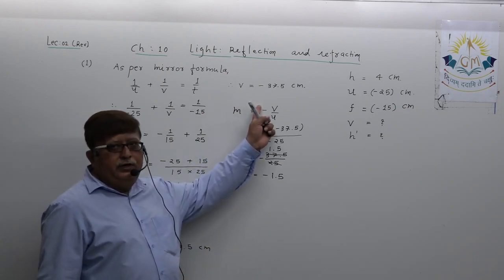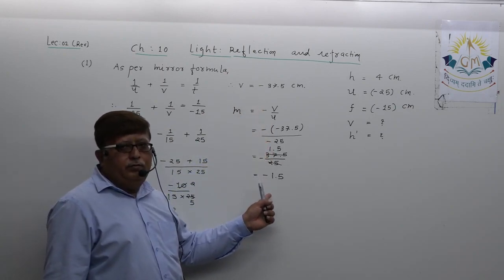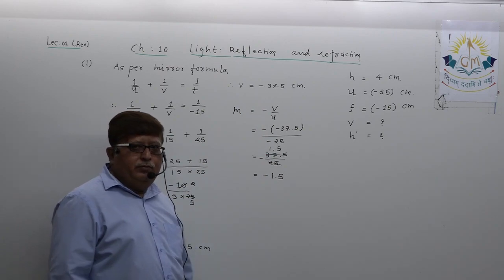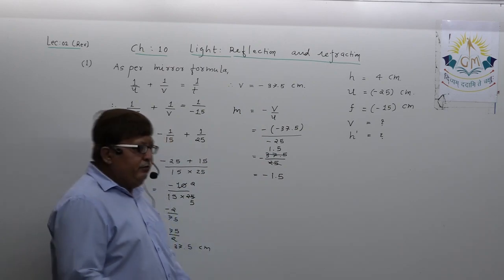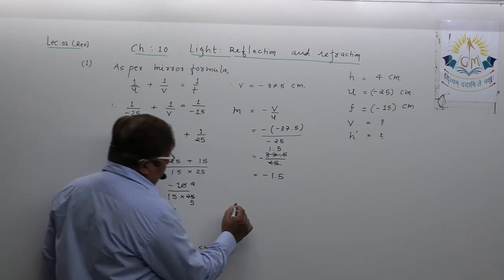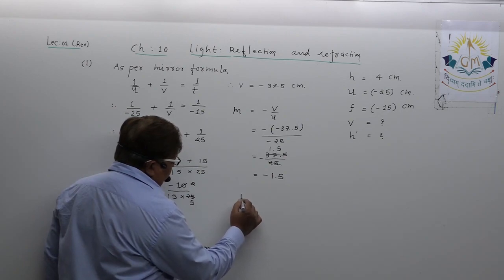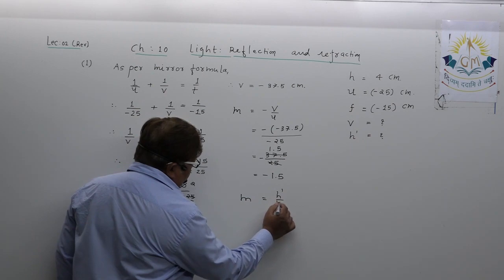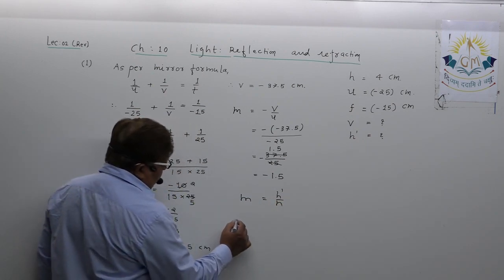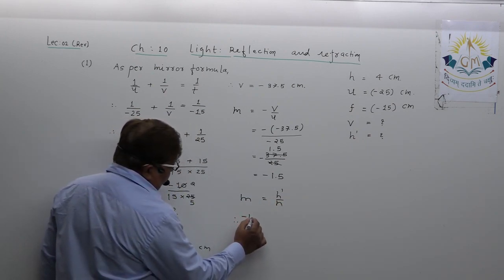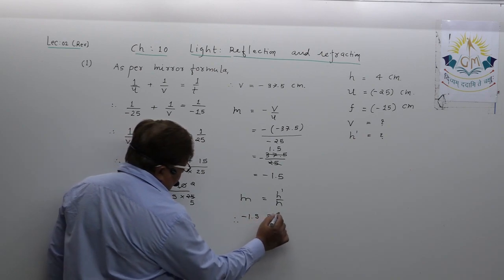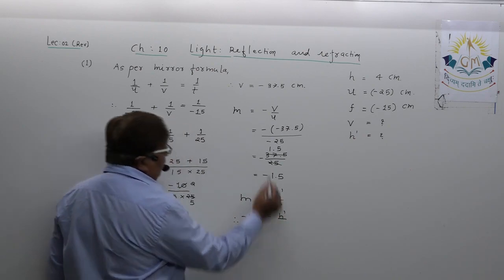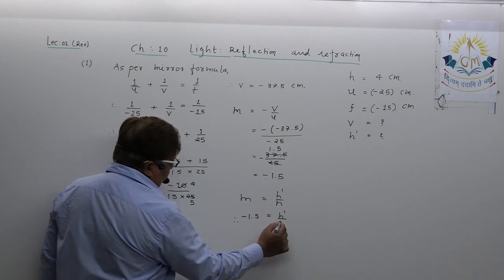If you get v negative and somehow m positive, that means a mistake occurred from that stage. m you got. Now the other formula of m, you know, is h dash upon h. The value of m is minus 1.5, h dash upon h, where h is given 4.